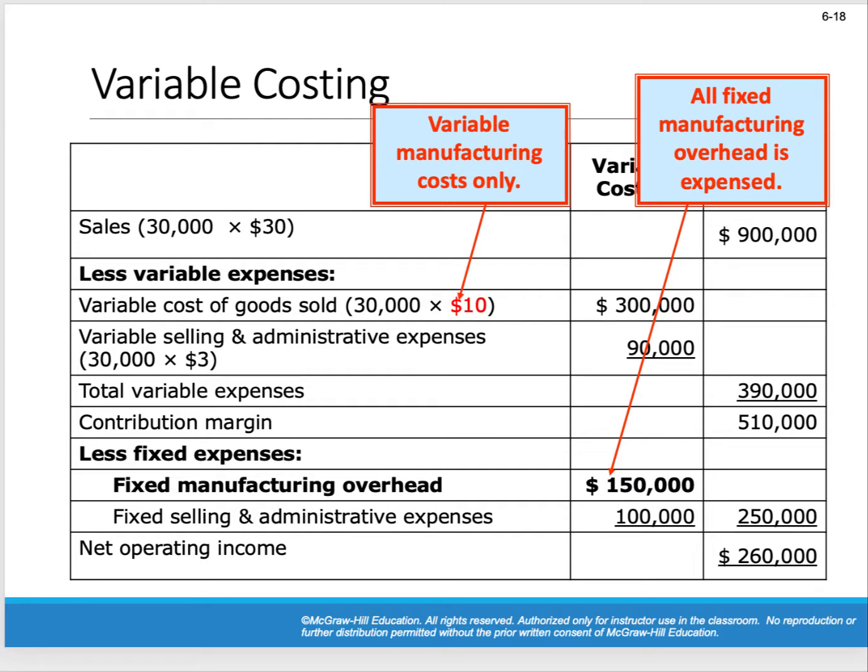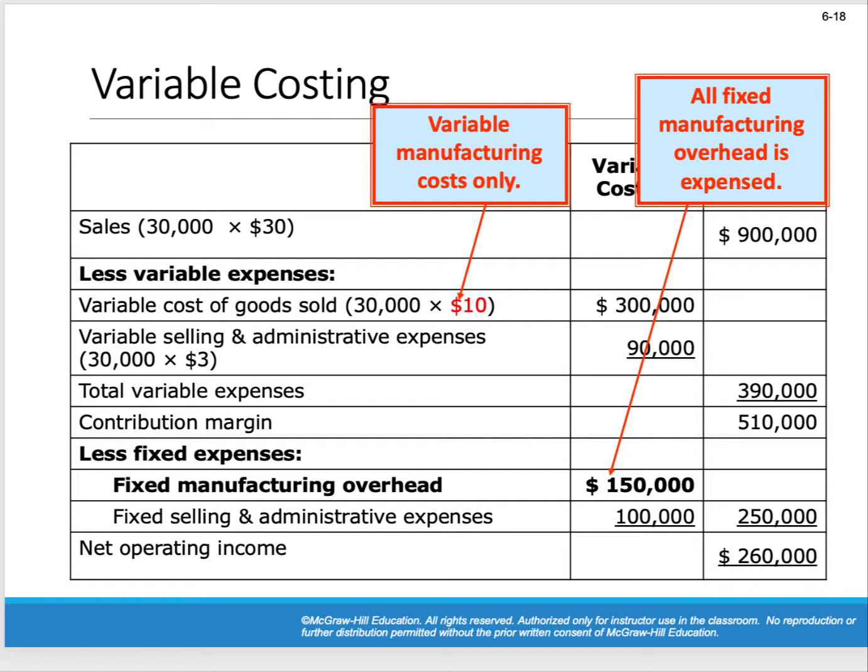Next, we say, okay, let's put together the variable costing income statement. You should know right off the bat, we have to use the contribution formatted income statement. The variable cost of goods sold is calculated by the number of units sold, 30,000, times the variable manufacturing unit cost, which is $10 per unit.